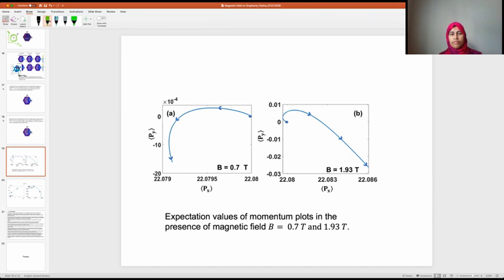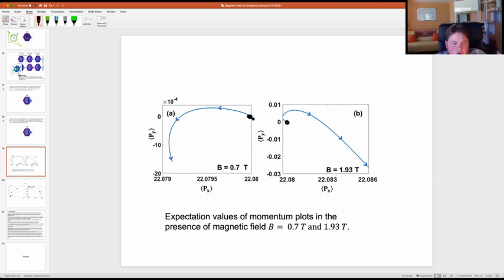Both of them start from the coordinate 22.08 for the x coordinate, and the y coordinate is 0. So the black point in panel A and panel B are the same.